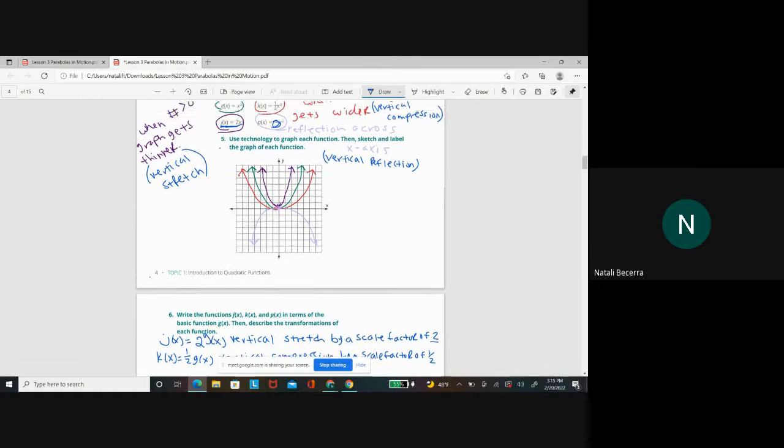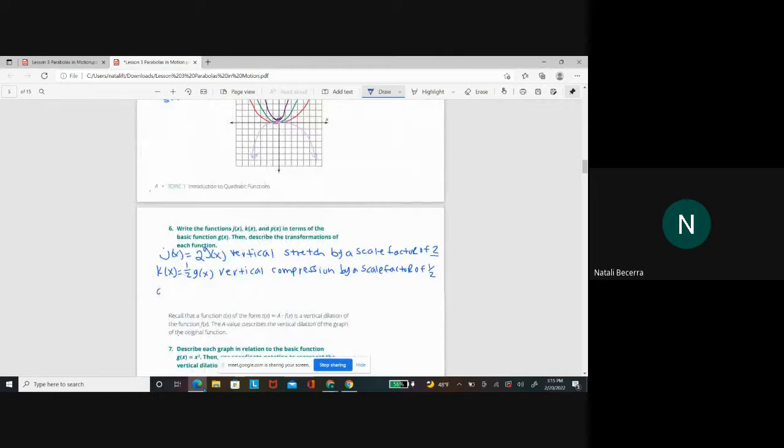And then p of x, oh, I did that wrong. P of x equals negative g of x. And this was vertically reflected over the x-axis.